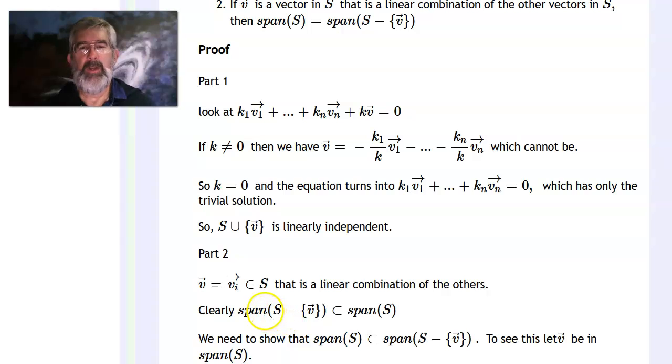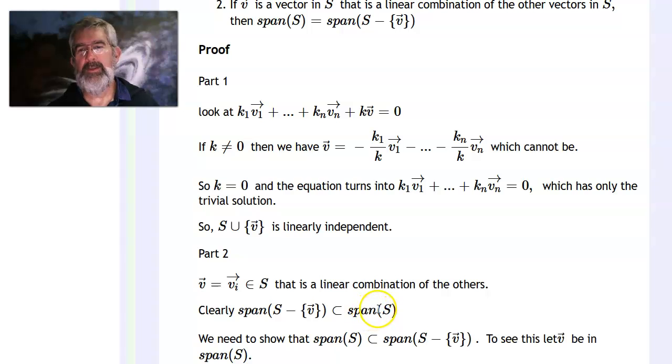So when I look at the span of everything in S except the Vi, that's the same as all the combinations over here that have a 0 in front of the Vi. So all of these are certainly some of those. Everything in here is in there.